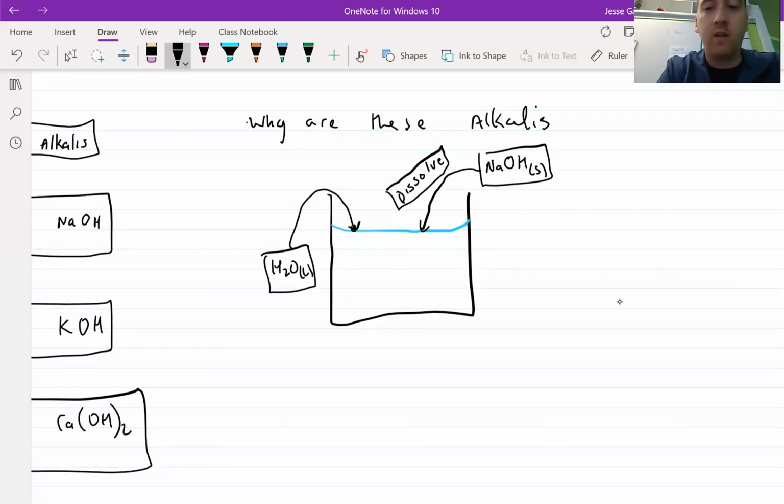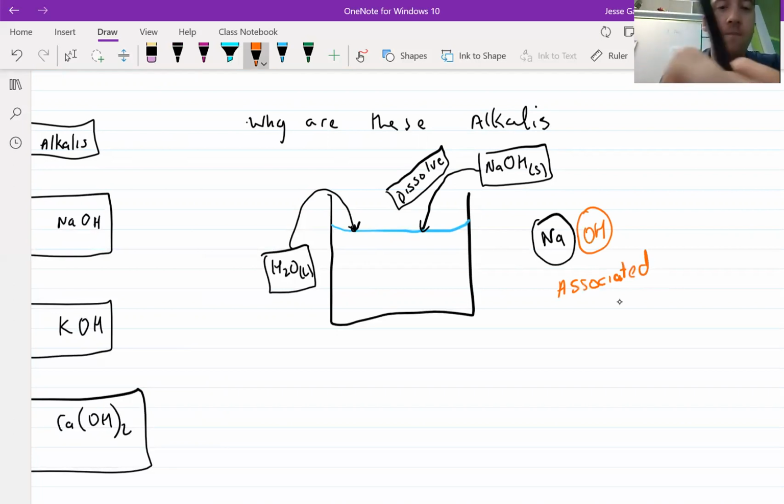It looks like this, an Na atom, or an Na ion, and an OH ion, like this. Here they are associated, which just means they're connected. But when we put them in the water, they make this, Na+ and OH-, two separate ions.